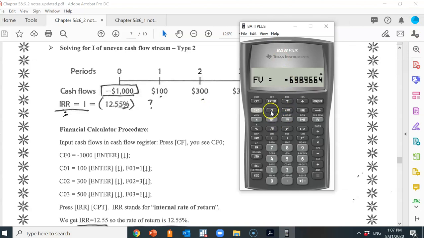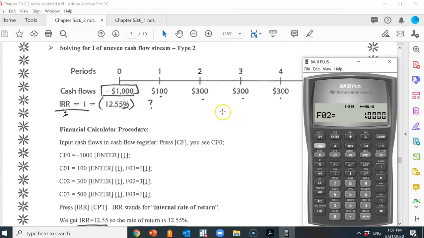So let me press CF, input cash flow 0 as negative 1,000, down button, frequency, cash flow 1 as 100, down button, frequency 1, cash flow 2 as 300, frequency as 3, 3 300s, enter, down button.